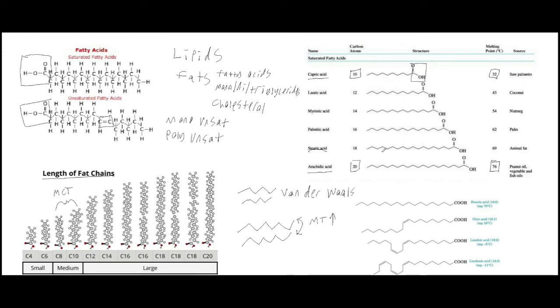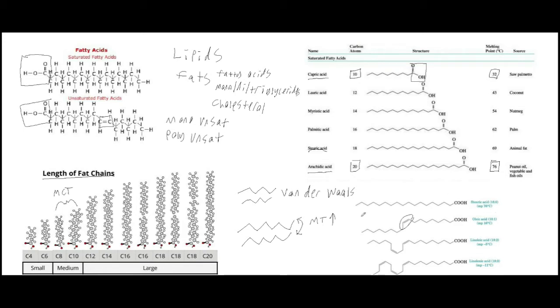And so another way that you can affect the melting temperature of fatty acids is by introducing double bonds in them, making them unsaturated fats. And so as you put more and more double bonds in it, you see that the melting temperature goes down.